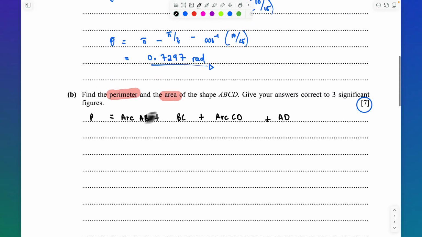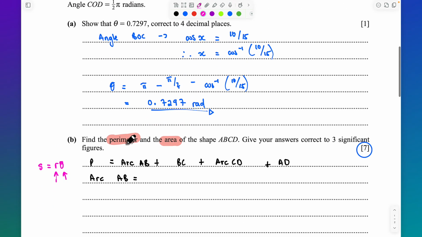Let's get each of these. So in order for us to find the arc AB, the arc length of a sector is always going to be S equals R theta, the radius of that arc multiplied by the angle theta.